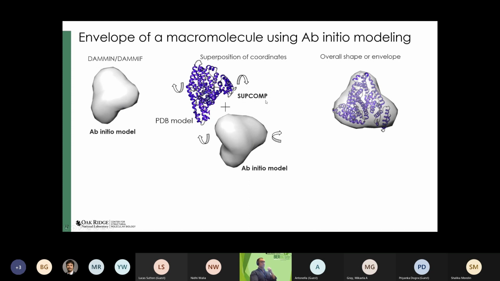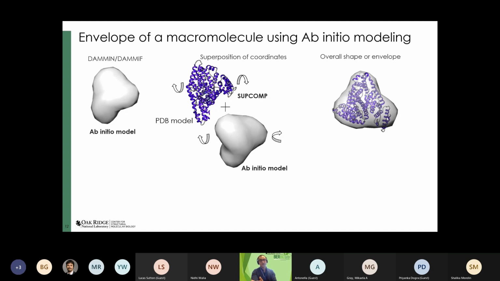And then SUPCOMB is the software that does this kind of superposition for you, and it's going to rotate your sample in different coordinates, and you're going to see which one is the best superposition of the structures of both the ab initio model and the crystal structure. And as we see here for HSA, it agrees very nicely. You have a good idea of the envelope.